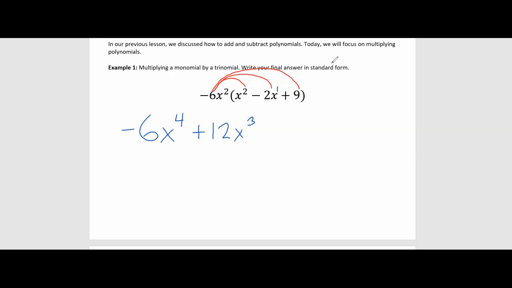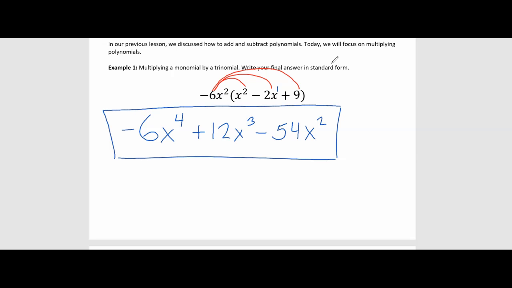Then I get negative 6x squared times 9, which gives me negative 54x squared. And this isn't standard form because the degrees are decreasing. We go from 4 to 3 to 2. Pretty straightforward, right? We're just adding that extra term that we're distributing to.